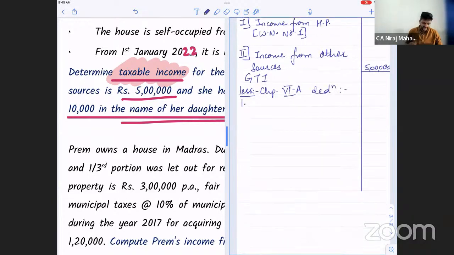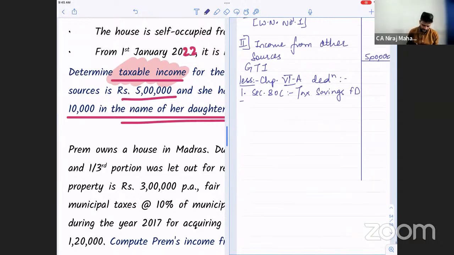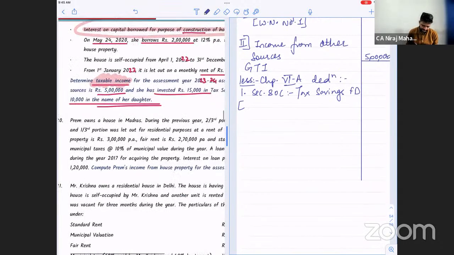Like I said, it is one of the later chapters, so right now, don't worry much if you don't know anything about it. That is completely okay. First one, section 80C. It is your tax saving FD. So I'm writing here: FD in the name of daughter is not allowed. Basically, children is not allowed.